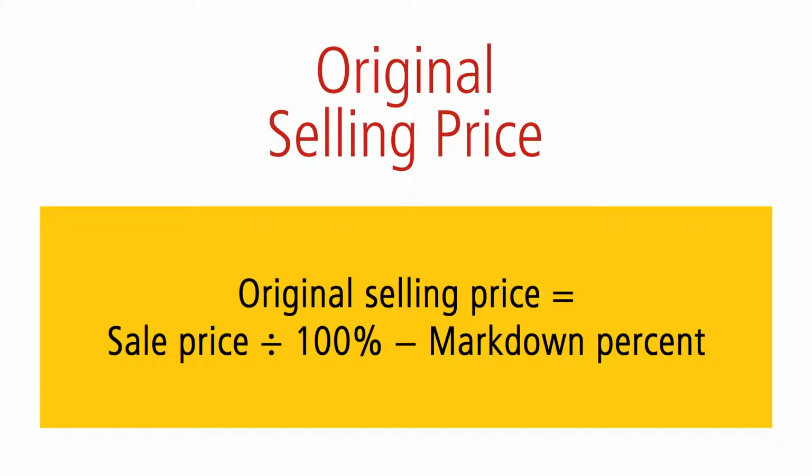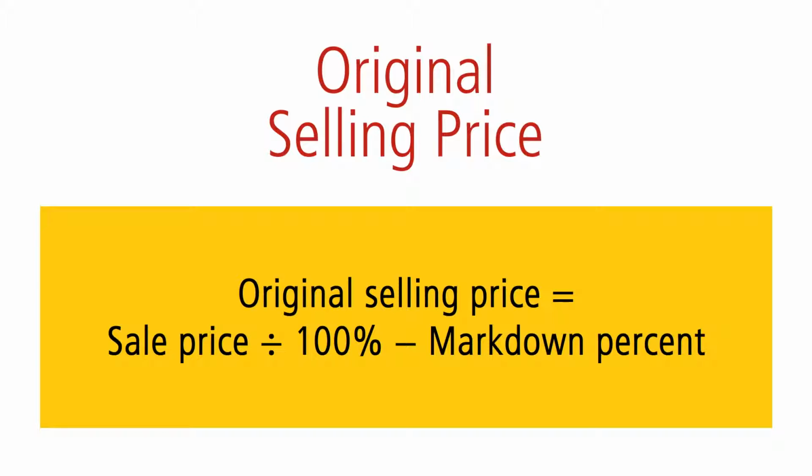To find the original selling price before a markdown, we use the sale price formula solved for the original selling price. The original selling price is isolated on one side by dividing both sides of the equation by 100% minus markdown percent. Note, this is actually the percentage formula, base equals portion divided by rate, with the original selling price as the base.